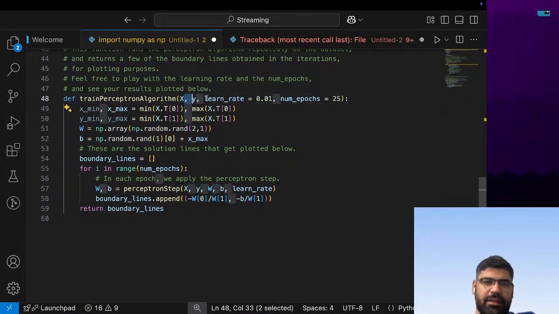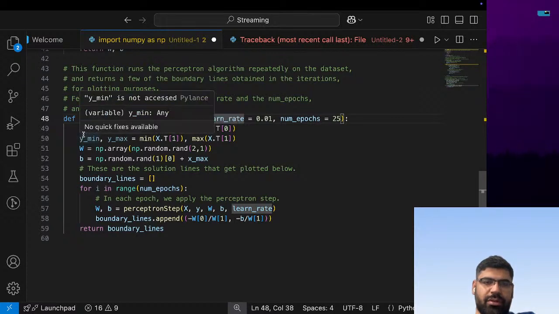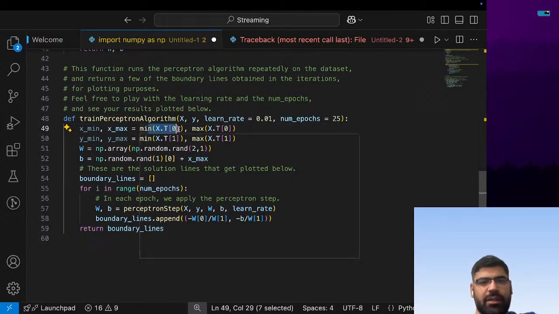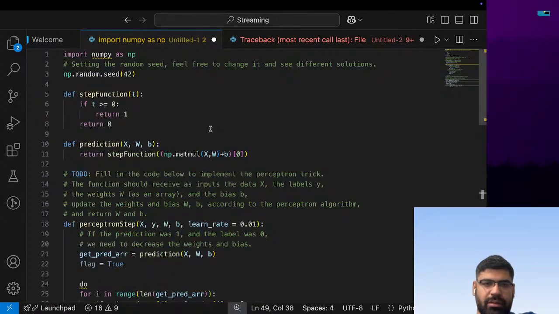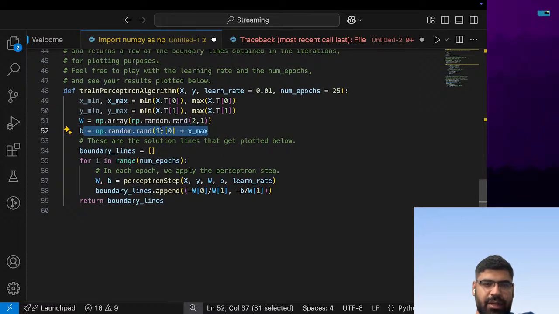We get x, y, learn rate, number of epochs, x minimum, and x maximum is zero. y minimum, y maximum, np array is random, one or two. Bias is random, x max.